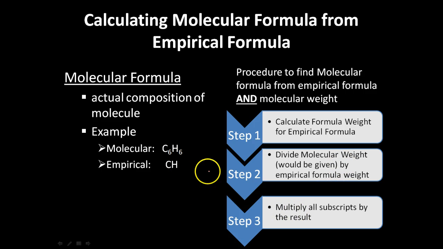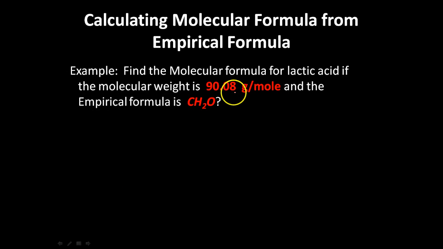Going back to our example, we see that we're given the formula weight here, 90.08 grams per mole. This is the empirical formula that we calculated. So what would the formula weight be of that particular empirical formula?